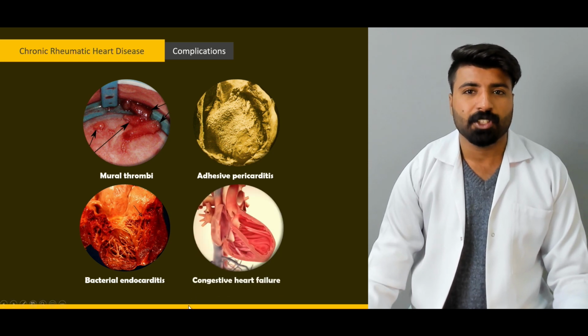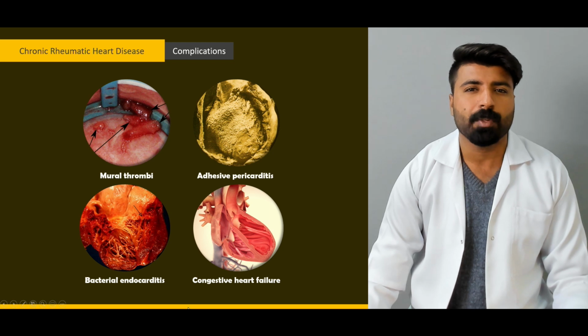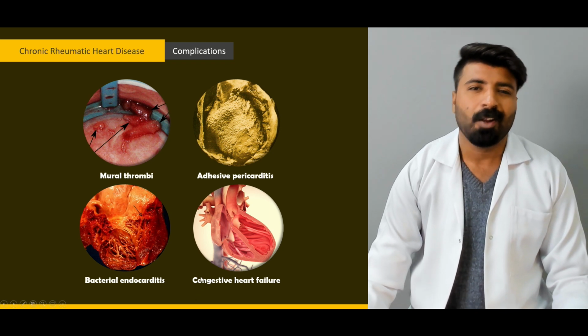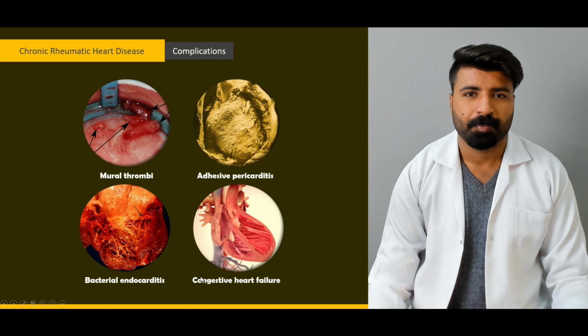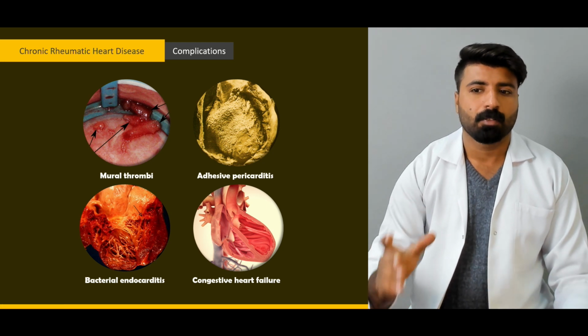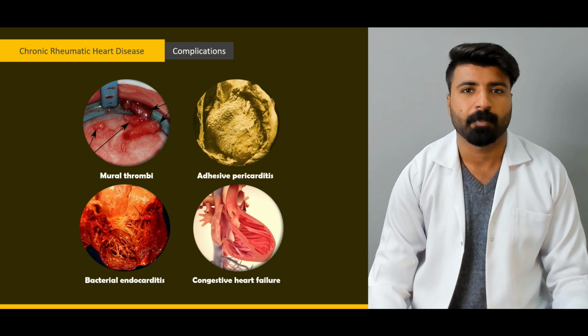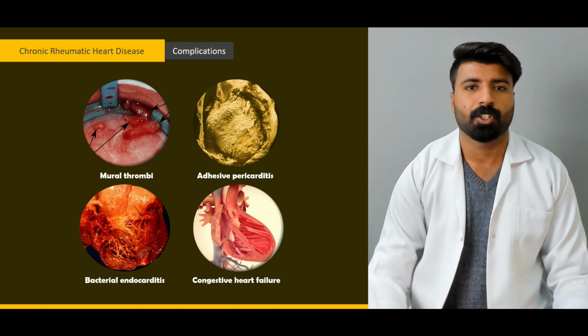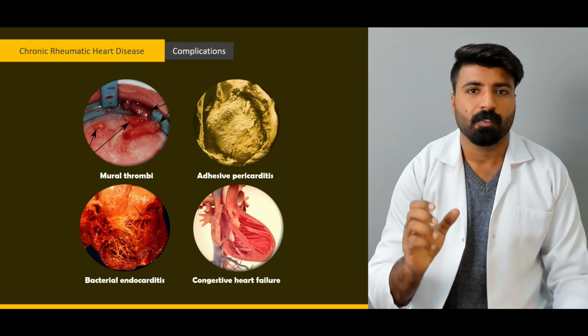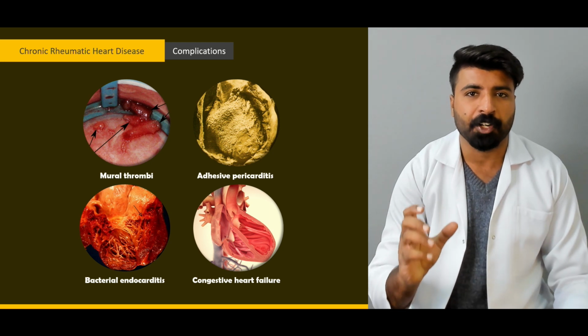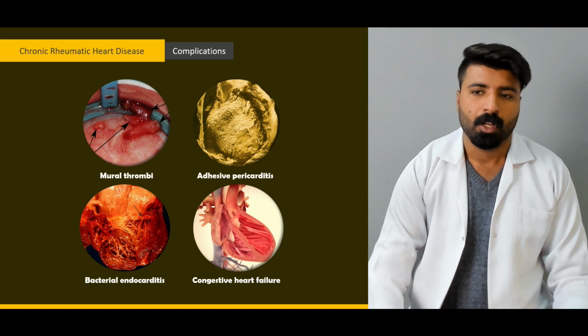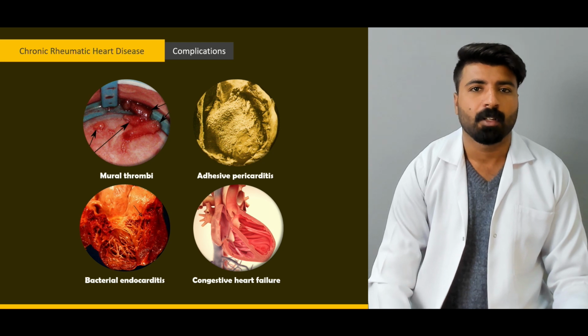Next on, we have congestive heart failure. Now, how can we say congestive heart failure? When the valves are being affected, the whole cardiac cycle is being affected in one way or another. If there's aortic stenosis, more pressure will be required by the left ventricle to push the blood out of it. Left ventricular hypertrophy will come in.